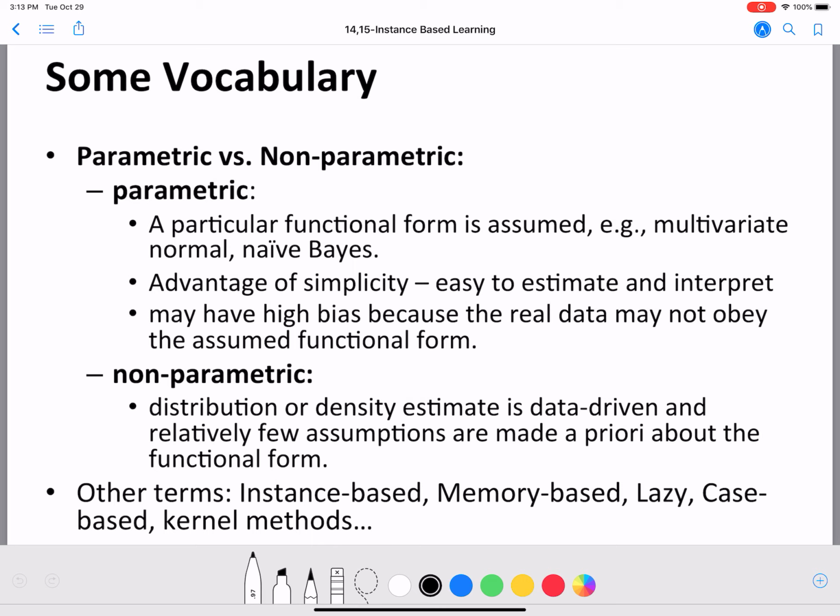They're also called instance-based, memory-based, lazy models because we're not really constructing a classifier and we are only using the examples. So we don't do much work up front and we do most of the work at test time. So that's why they're called lazy. They're also called case-based reasoning models, kernel methods, and so on.